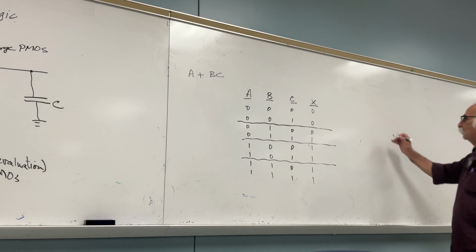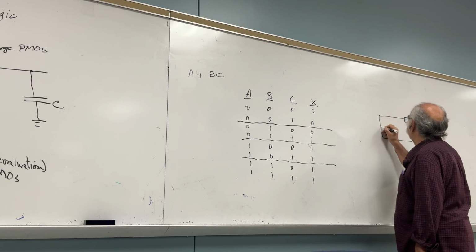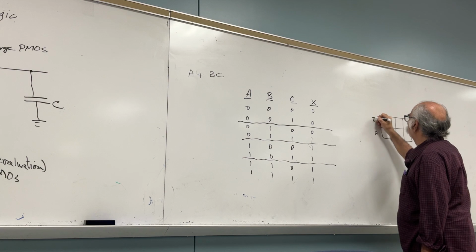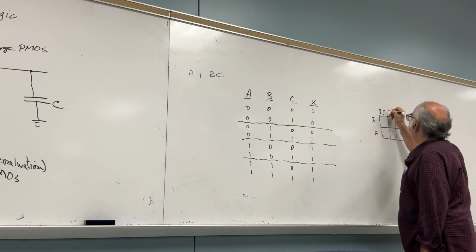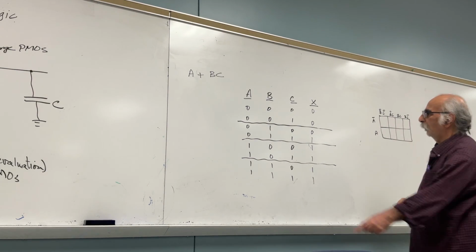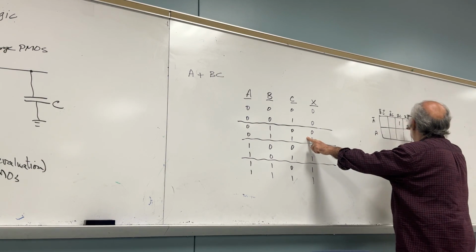By the way, if you sketch the K map to see if that function can be reduced, this is A, this is A bar, B bar C bar, B bar C, B C, B C bar. Okay, what do I have? 0, 1, 1. This is this one.